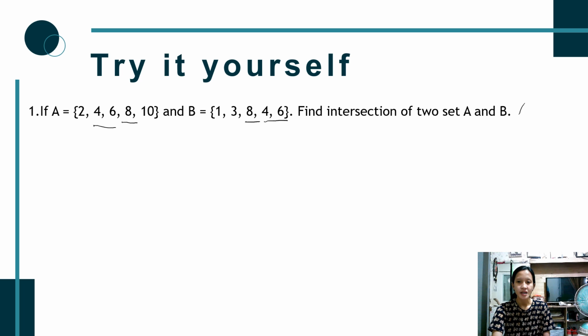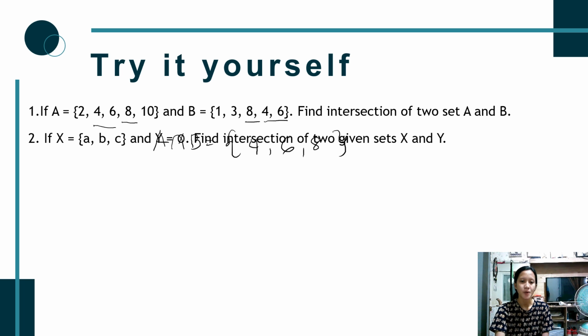Therefore, A intersection B is just equal to 4, 6, and 8. Allow me to write it here. So A intersection B is equal to 4, 6, and 8, because these are the elements that are common to the two sets.